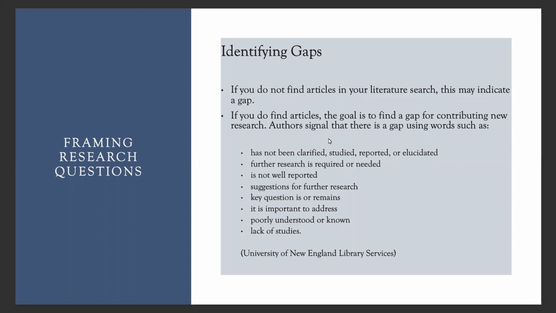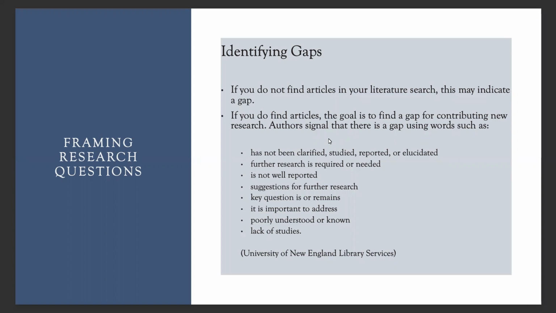So if you do find articles, the goal is to find a gap for contributing new research. So authors, or you, would be signaling a gap in the research by stating, at the end in the literature review gap section, that something has not been clarified, studied, reported, or explained, or that further research is required or needed, and so on and so forth.